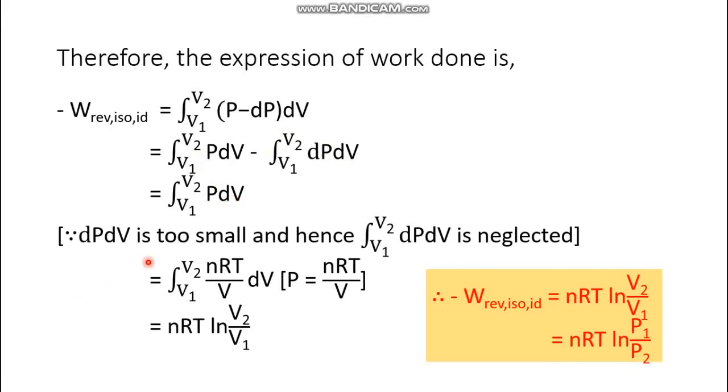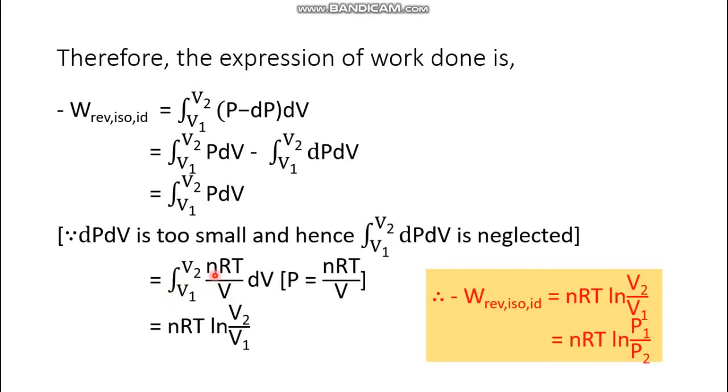Here you have to mention this also, that since dPdV is too small, the integration V1 to V2 of dPdV is neglected. Now in place of P you have to write nRT by V, since this is an ideal gas, because you have to get the variable term in terms of V, because the limits of the integration are volumes.